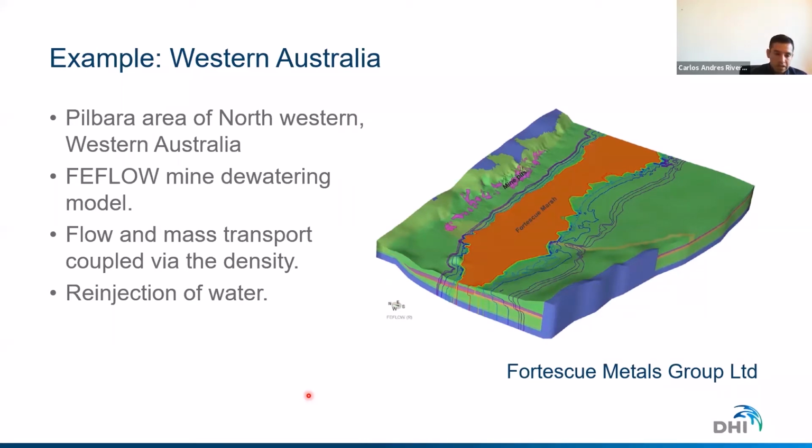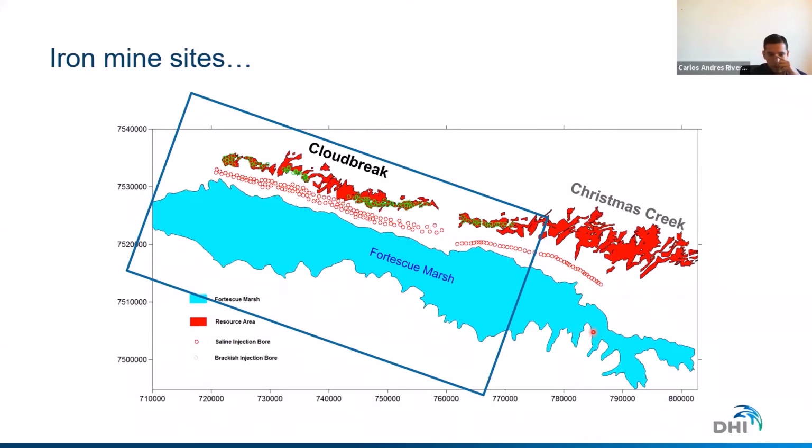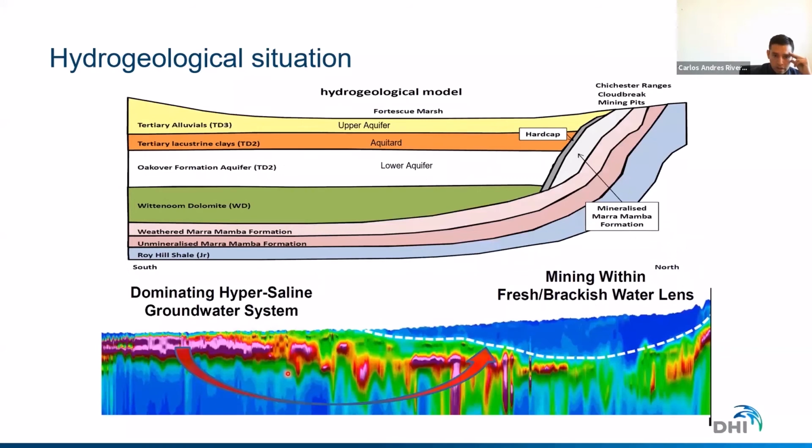It's a challenging calculation. We try to tackle the case of mine dewatering with the FEFLOW model. We solve flow and mass transport, and there is recirculation of the flow. Just to give you a little bit of context, we have the Fortescue Marsh, and we simulate basically this so-called Cloudbreak mine here. From the hydrogeological situation, this is a typical cross-section.